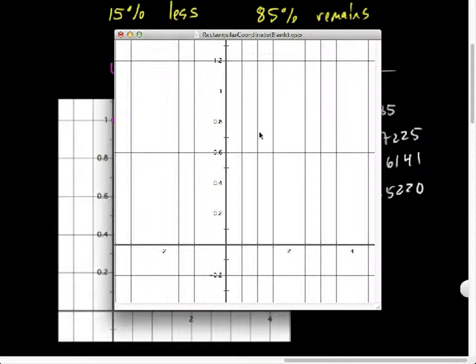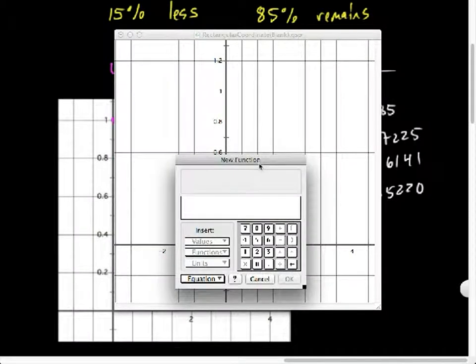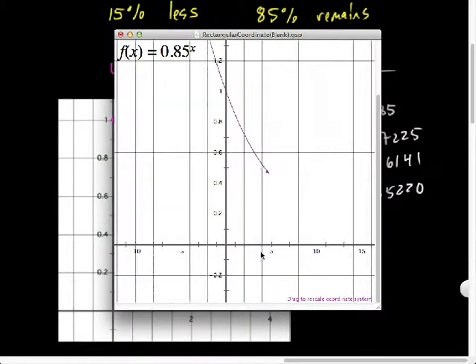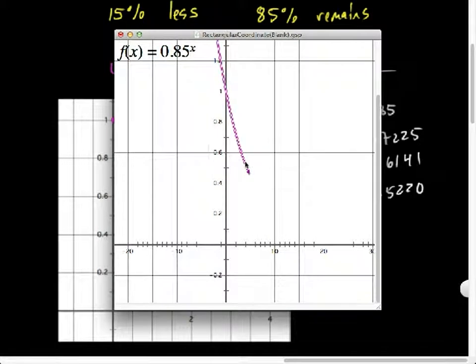But let's actually graph this for real here. 0.85 to the xth power. And yeah, you can see that that's kind of what we had there. I'll regraph it. And yeah, you can see that it is in fact asymptotic.